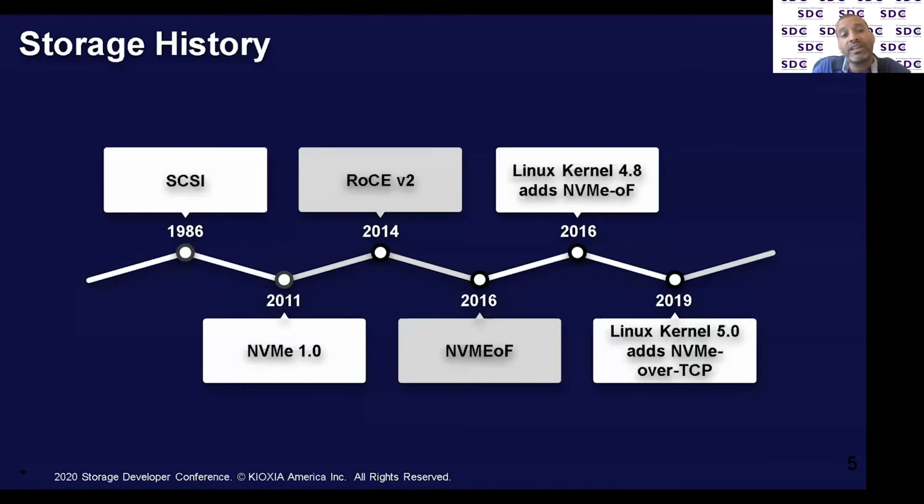SCSI was invented in 1986 when we had popular mainframes or large computers. And then with time, a lot evolved. We saw how .com gave birth to distributed computing or computing in silos.